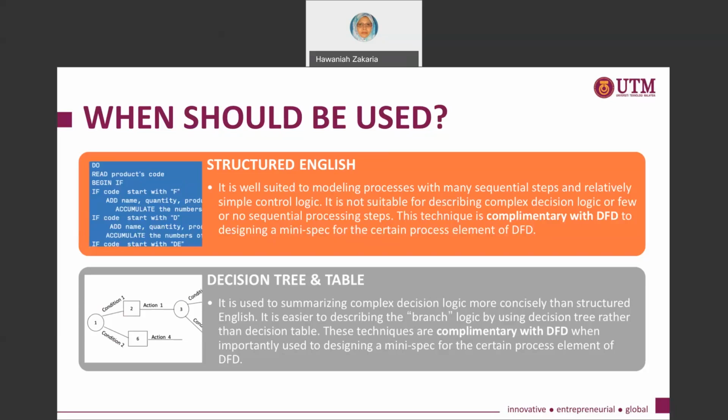A decision tree and table are used to summarize complex decision logic more concisely than structured English. It is easier to describe the branch logic by using a decision tree rather than a decision table. Once again, these techniques are complementary with your DFD, importantly used to design a mini-spec for certain process elements of DFD.